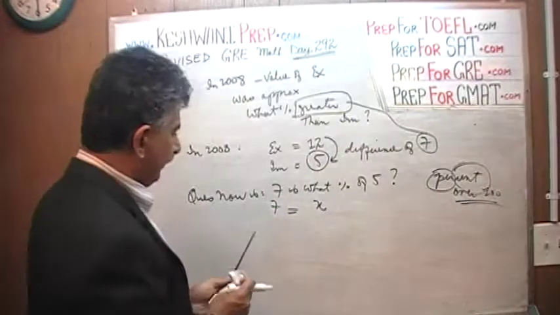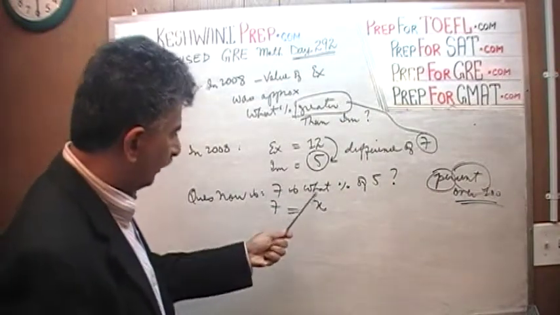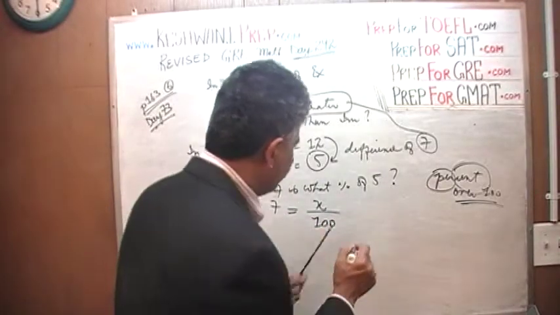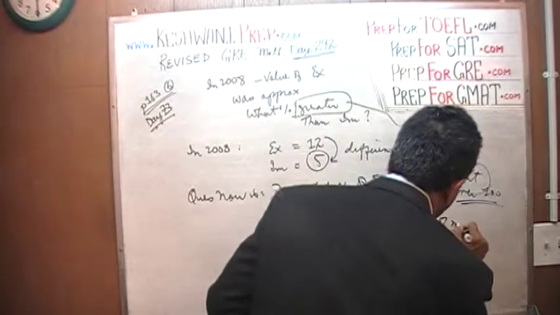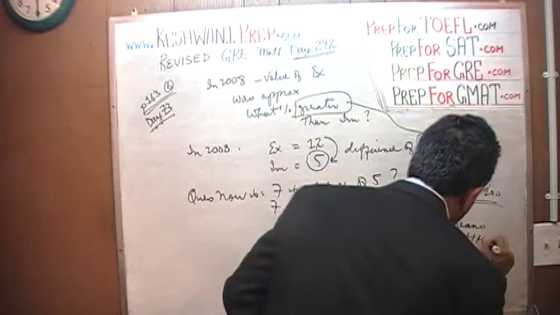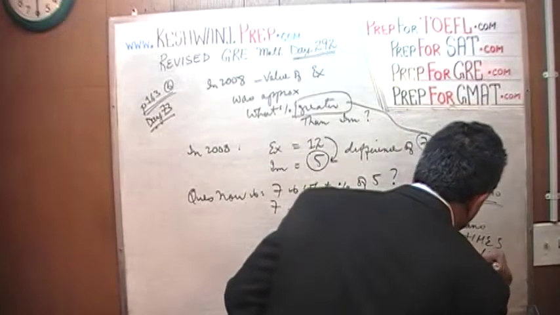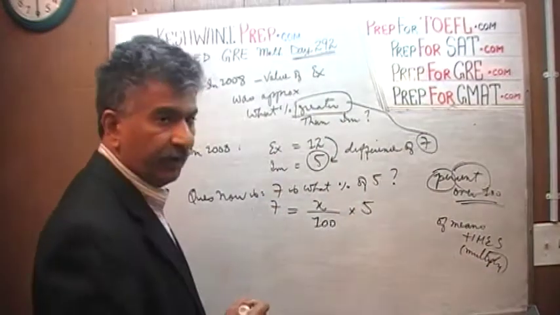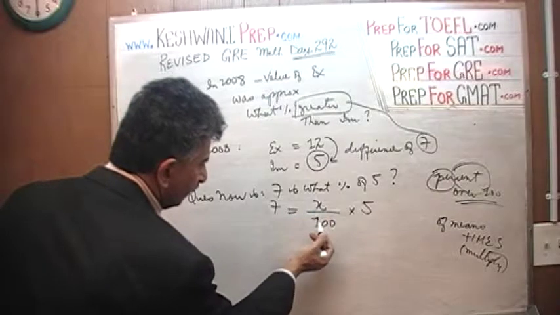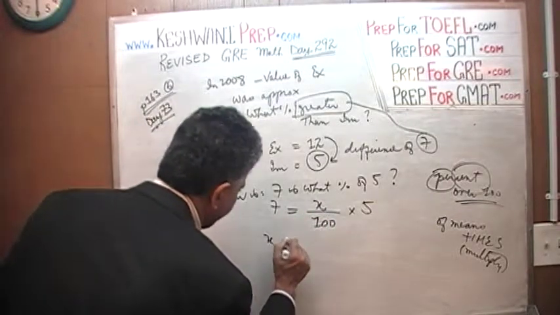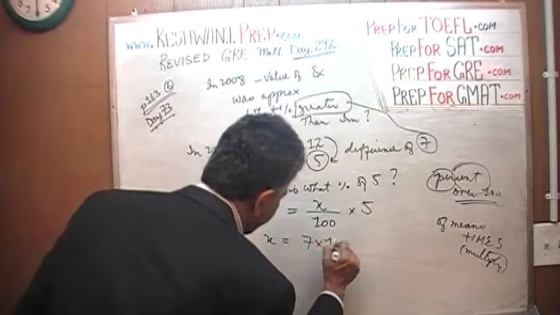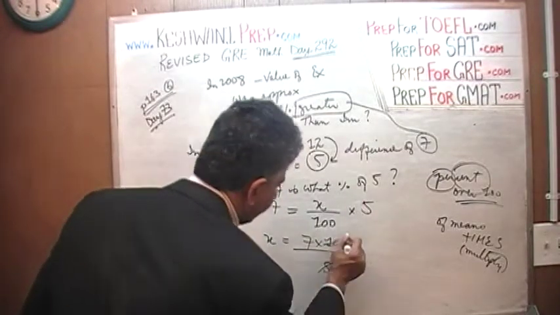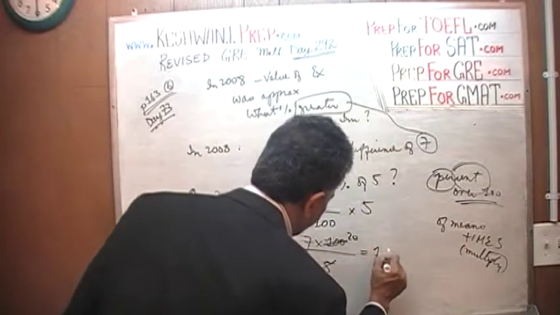Of means times, or multiply, 5. That's it, and just solve for x. You multiply both sides by 100, so x ends up being 7 times 100 over 5, and divide top and bottom by 5, we get 20. 7 times 20 is 140.